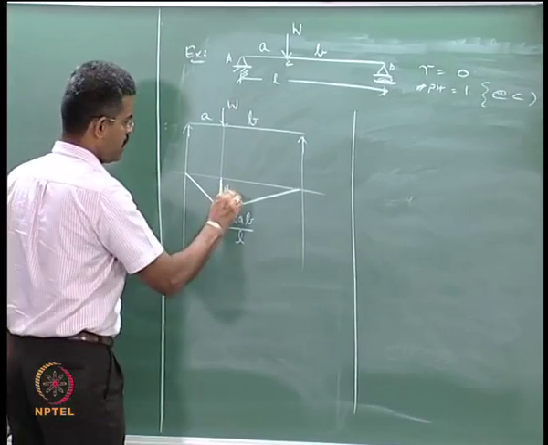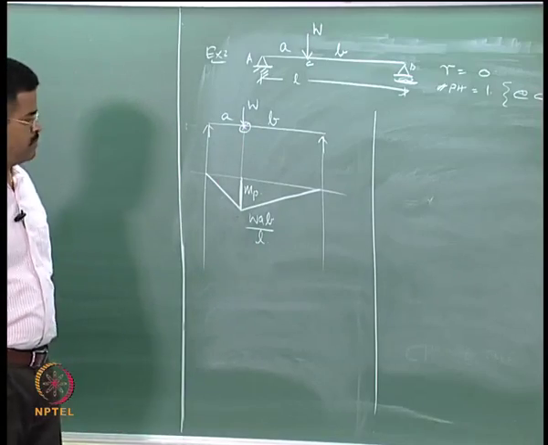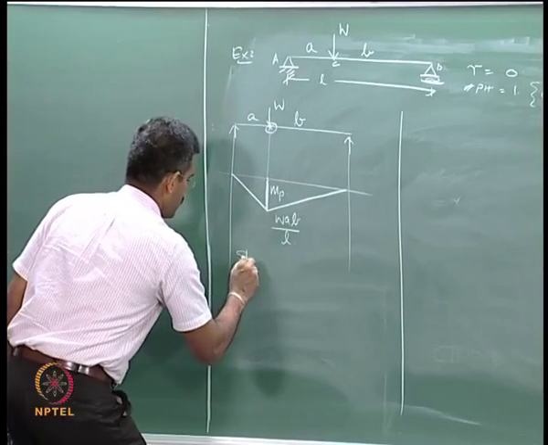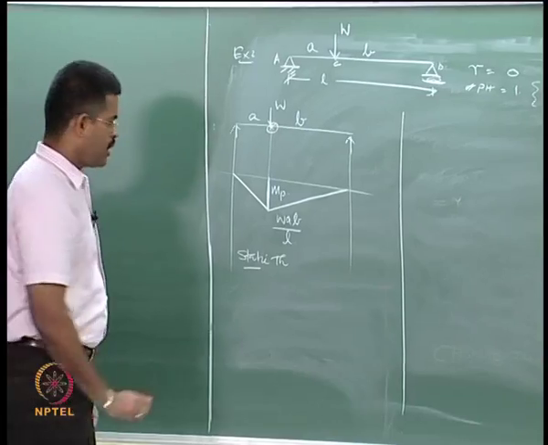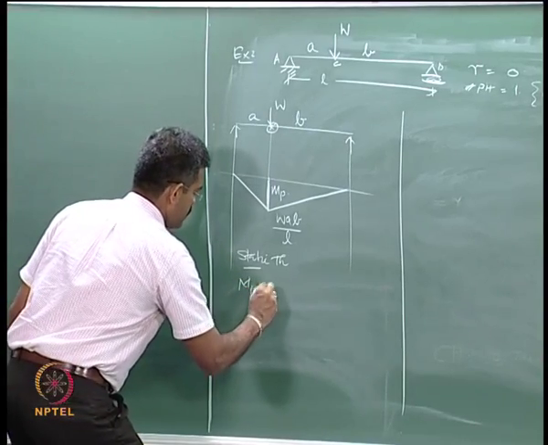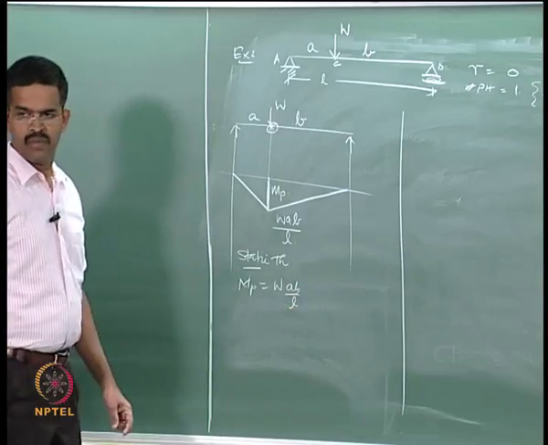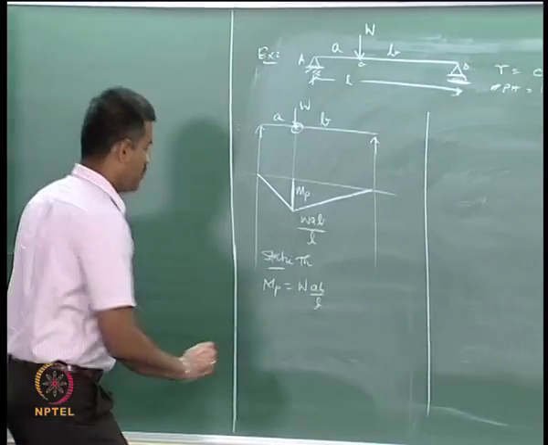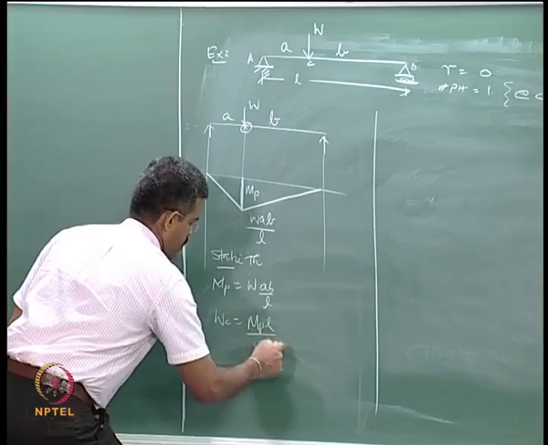So this will be a location where plastic hinge can form, which make it as a mechanism. So let us do the static solution for this from static theorem. I know MP is simply WAB by L. So WC is MP L by A.